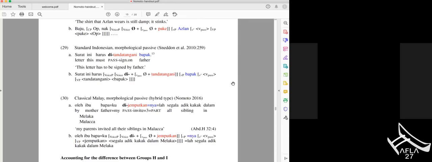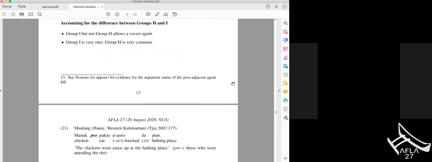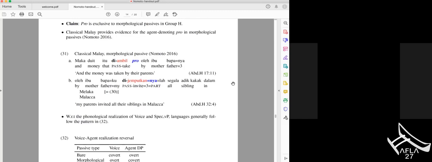The difference between groups H and I was that group I can have a covert agent, and group I is very rare, but group H was very common. To account for this difference, I claim that a covert pronoun is exclusive to morphological passives in group H. Classical Malay provides evidence for the agent-denoting pro in morphological passives.